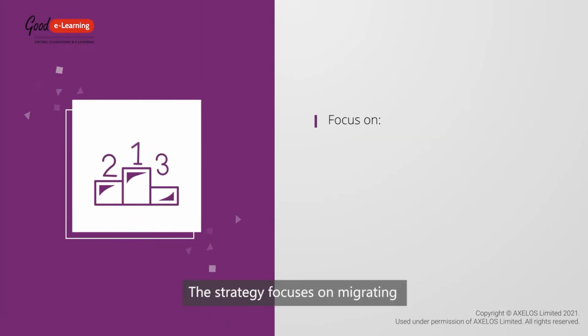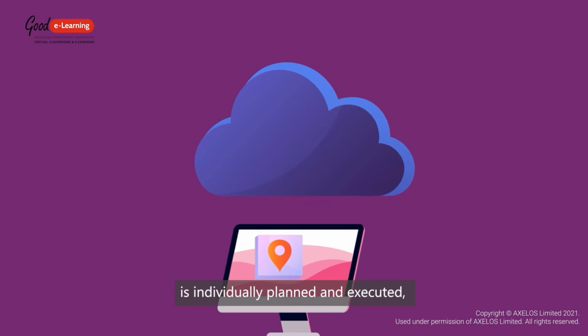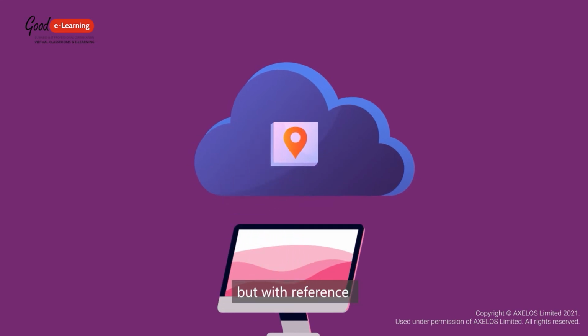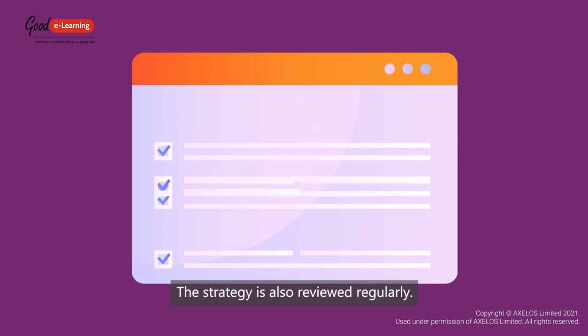The strategy focuses on migrating those components that are most obviously suited to the cloud or that need to be migrated urgently. Each migration is individually planned and executed, but with reference to an overall cloud strategy. Each project is reviewed at closure, and issues are addressed in the next phase of the plan. The strategy is also reviewed regularly.